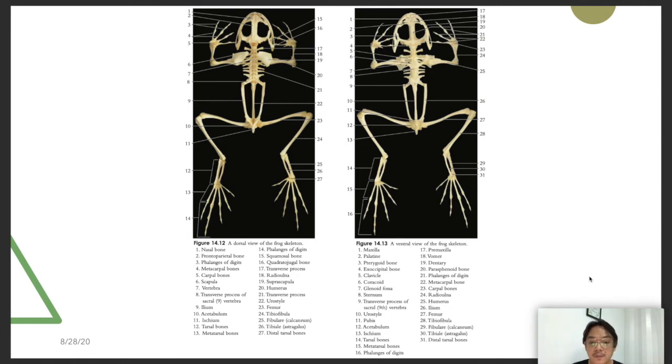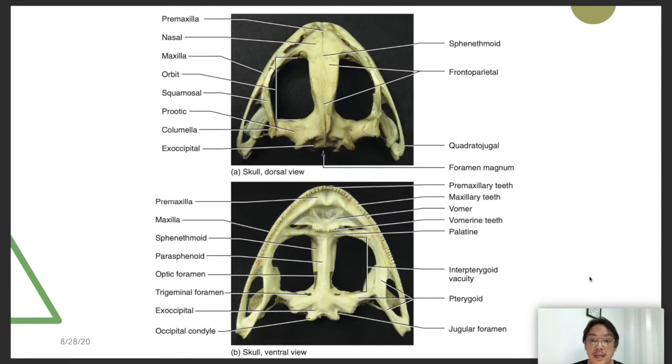So if you try to look at the skull, the dorsal view will let you show the premaxilla, the nasal, here for the nasal passages, maxilla, okay, the teeth, squamosal, okay, prootic, so this is the otic, or the ear of your frog, okay, this lies behind the orbits.